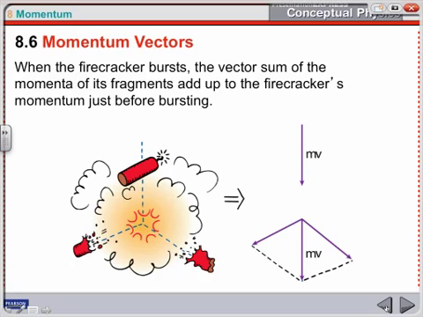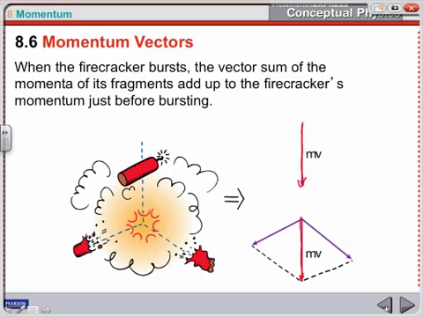So let's go back. All right, so here it is. He's falling down. This is the momentum of the firecracker falling down. Now the firecracker explodes. Even though you might think, oh man, there's all this other stuff, guess what? Whatever happened, it's still the same.